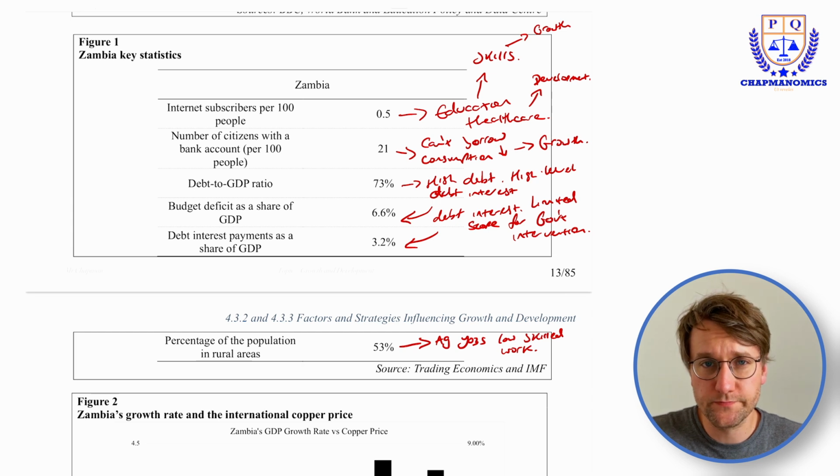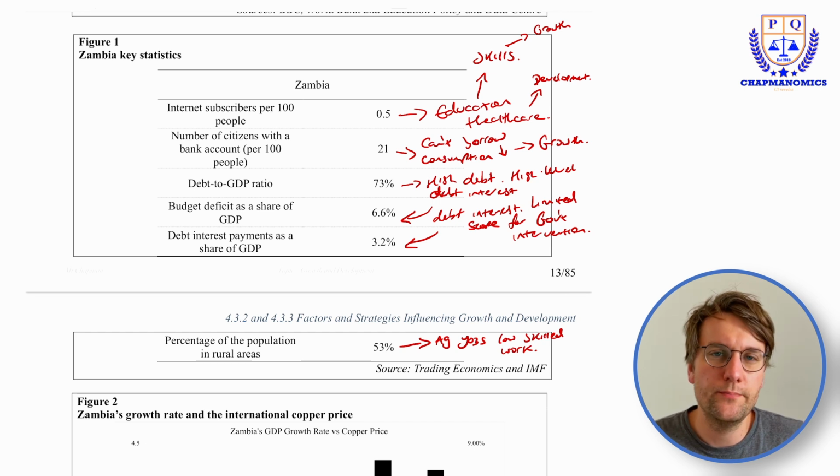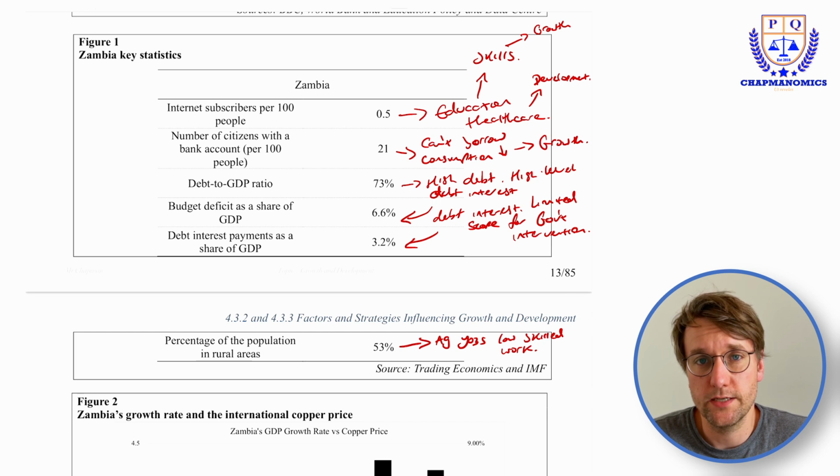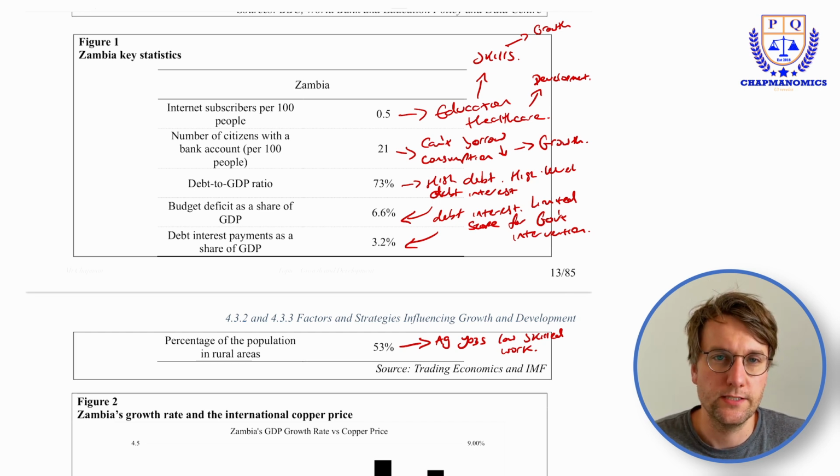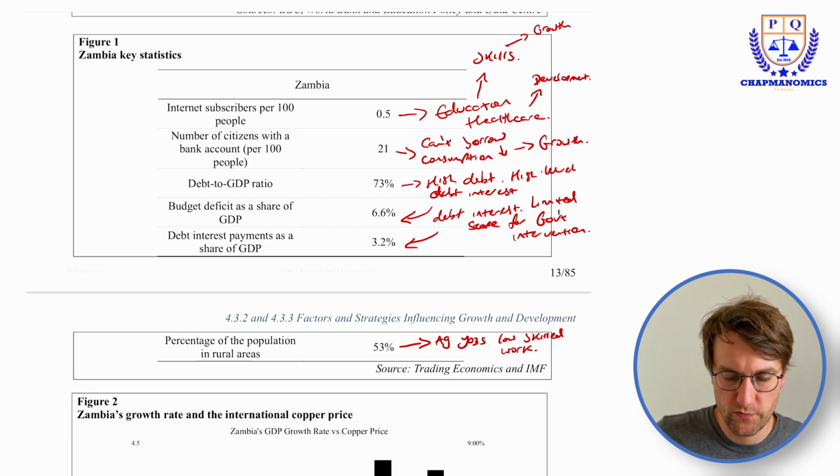And as a result, maybe education levels in rural areas are not particularly high because they almost don't need to be. If you are picking strawberries, for instance, then you just need the skills to be able to pick strawberries. You don't need to necessarily have learnt how to read and write in order to pick strawberries, as long as you've got someone who can tell you how to do it, for instance.